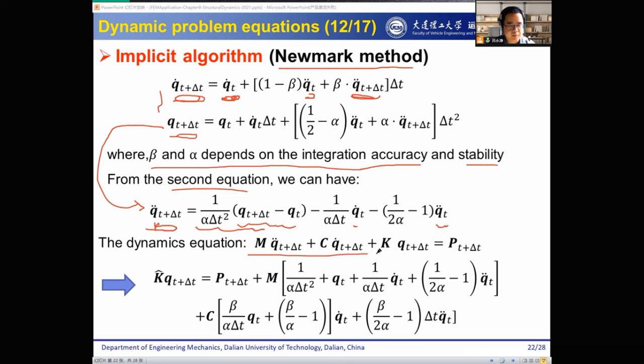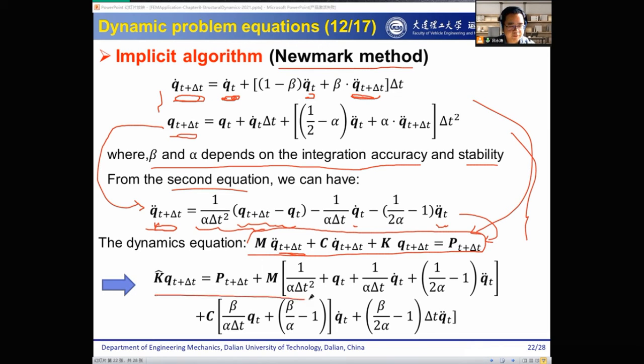Then we write our dynamic equation at t plus delta t, and by doing all that mathematics and putting it all into our dynamic equation, we have this form.